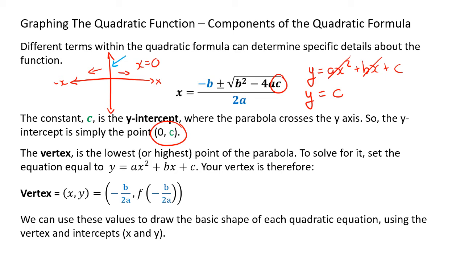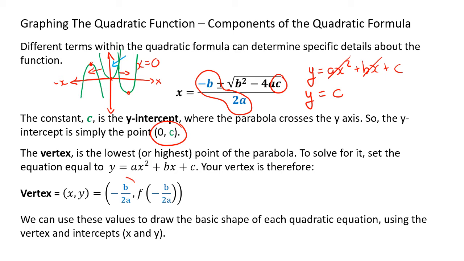The second point is the vertex, which, remember back I said that these are parabolas. So they're sitting as a parabola, something like this, or even inverted. The vertex is this point, either the highest point for the parabola or the lowest. And this piece of the quadratic formula, the minus b divided by 2a, is actually the x-coordinate of the vertex.